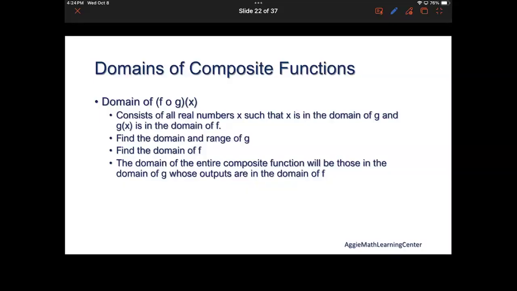Then for the outside function, f in this case, you would find the domain and then figure out the range. So the domain of the original function f doesn't actually matter when I'm determining the domain and range of f composed of g.